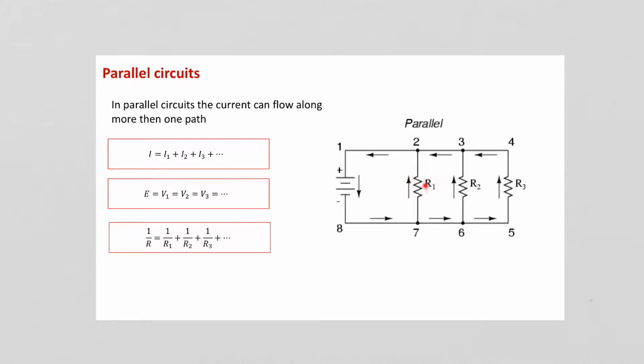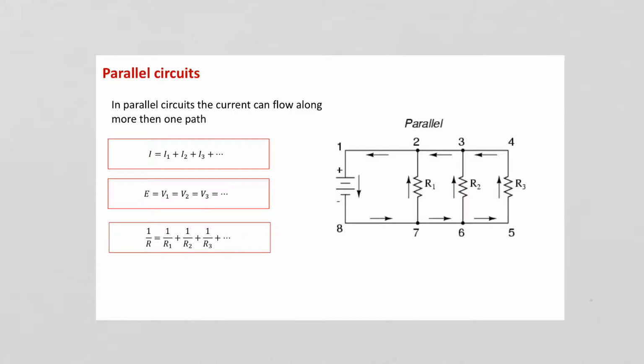Now, because the resistors in general are different, the current that's applied to the circuit by the power source is not going to be equal in each resistor. So when the current reaches point 7 right here, it's going to split. Some of it is going to go through resistor R1, and how much depends on the resistance of that resistor. What's left is going to continue to the next junction at point 6, where it's going to split again.